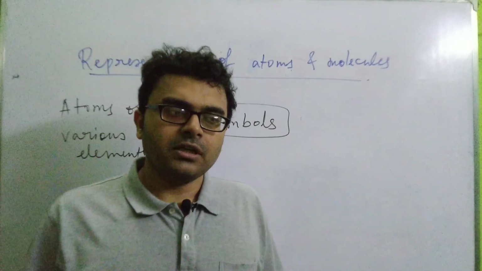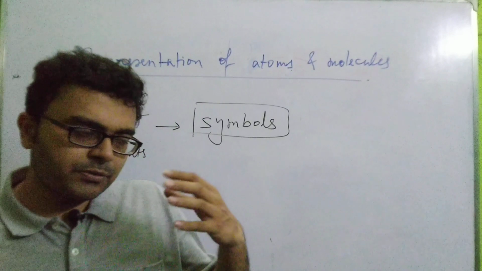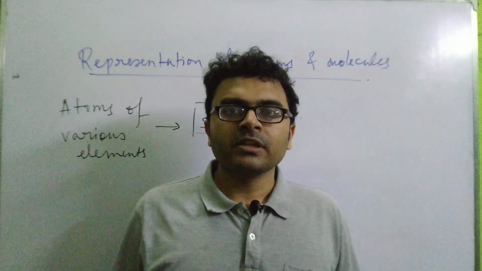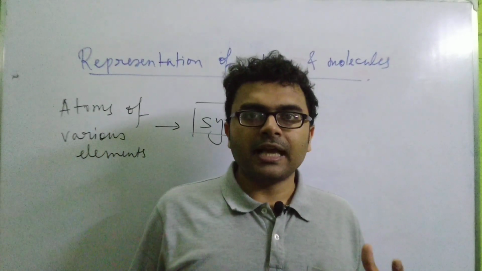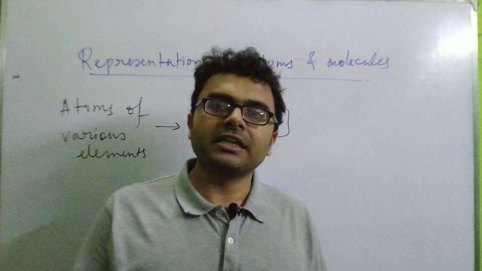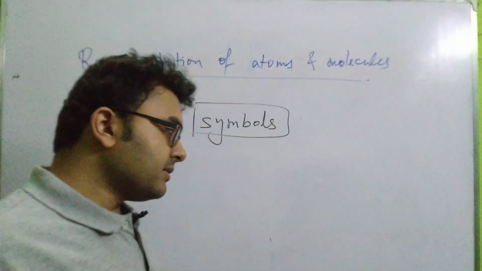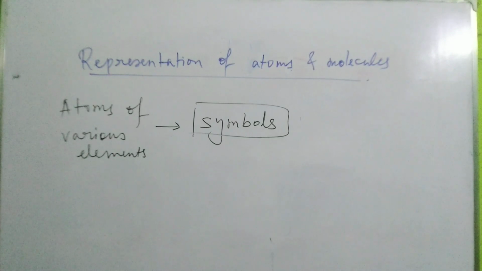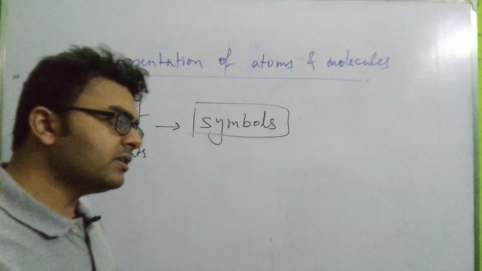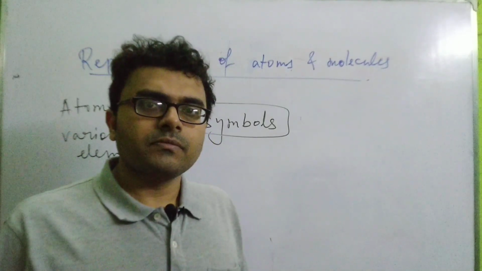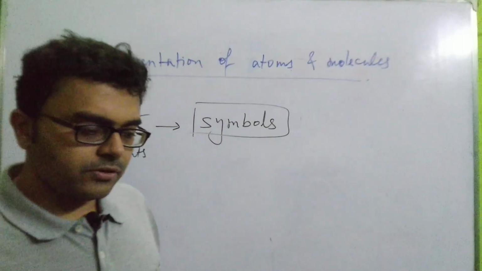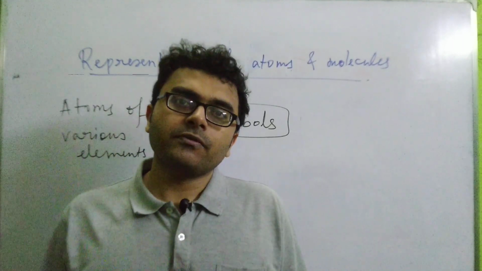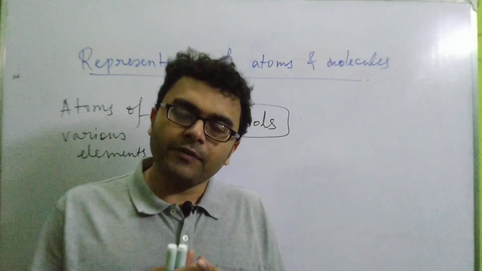Now, as the number of elements being discovered kept increasing, it became quite impossible to assign so many types of symbols to different elements. So it was considered that the name of the first element was taken to be the symbol for that particular atom of an element.